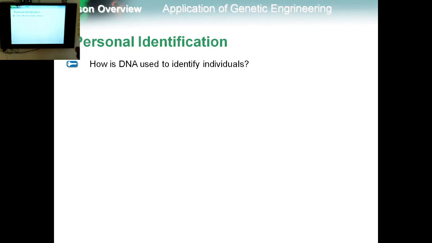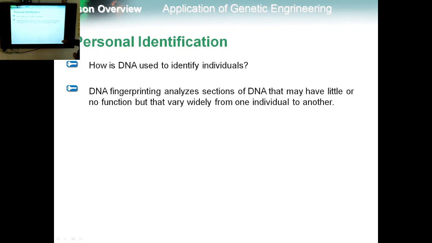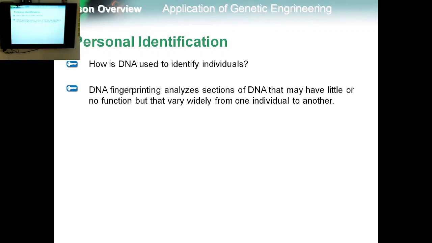So how is DNA used to identify individuals? The answer is DNA fingerprinting analyzes sections of DNA that may have little or no function, but that vary widely from one individual to another.